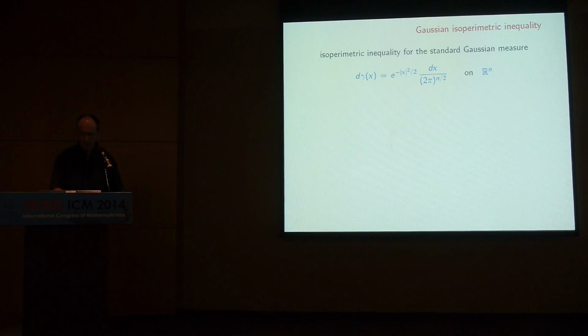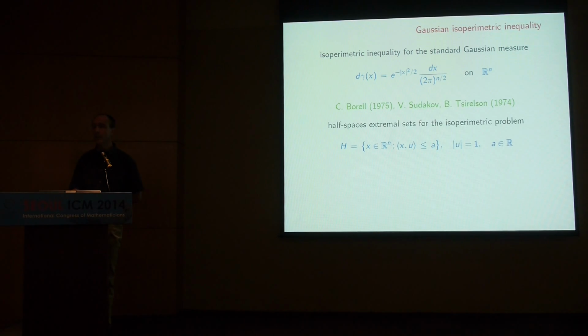And the answer is that the extremal sets are the half spaces, which may be thought of as balls with centers at infinity. And the isoperimetric inequality states that if you take a Borel set with the same measure as a half space, then the Gaussian surface measure of your set is bigger than the corresponding one for the half space.